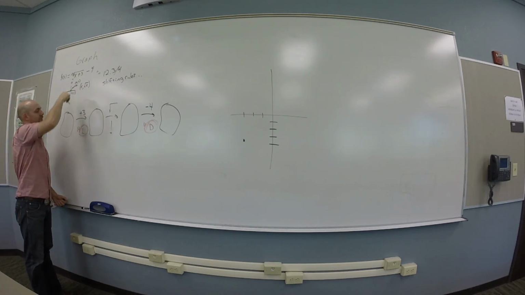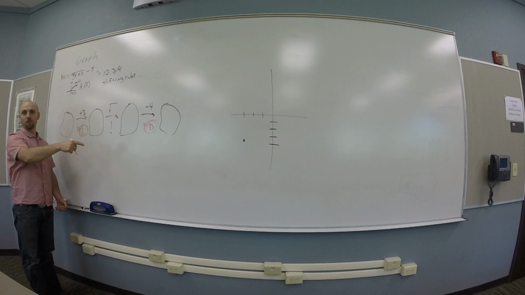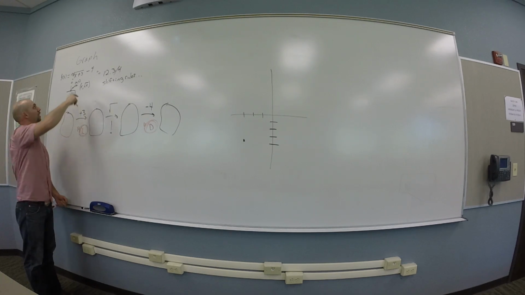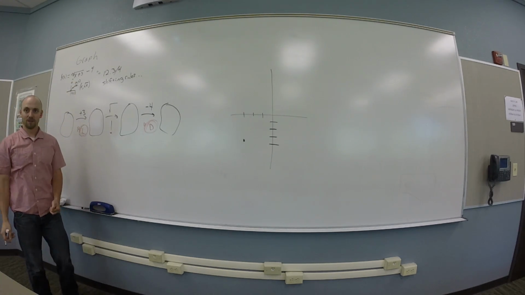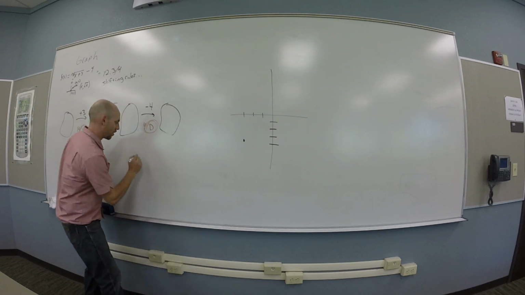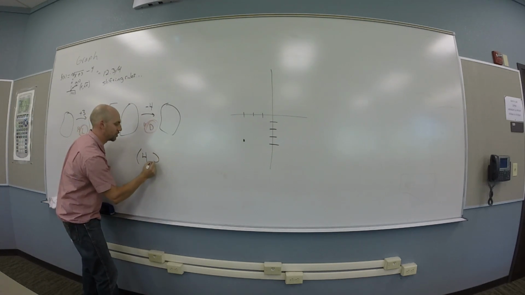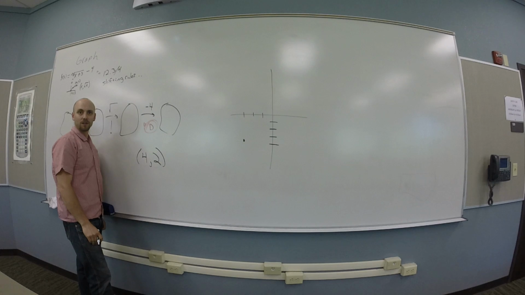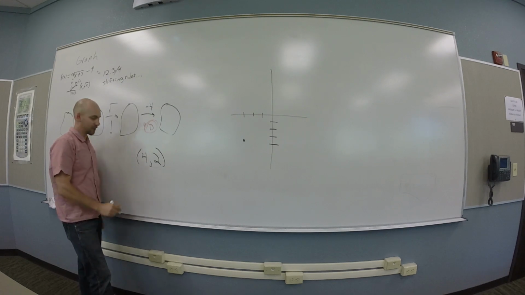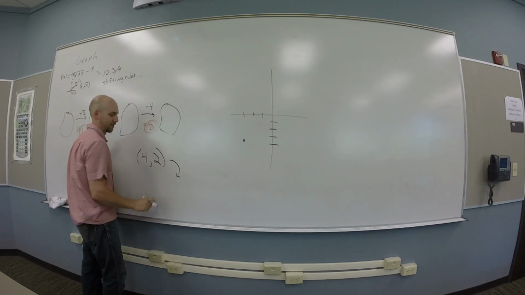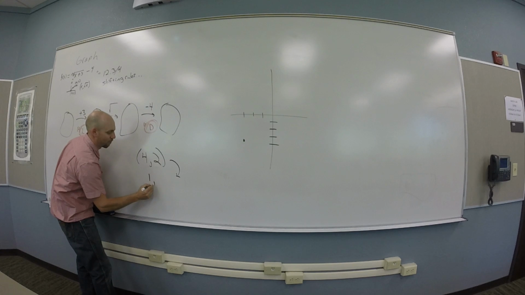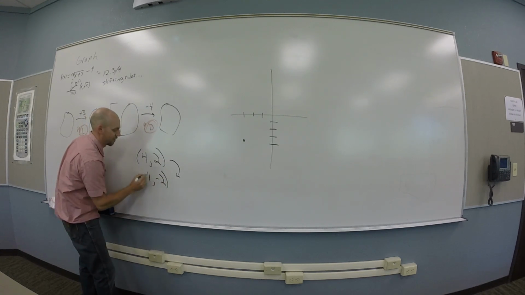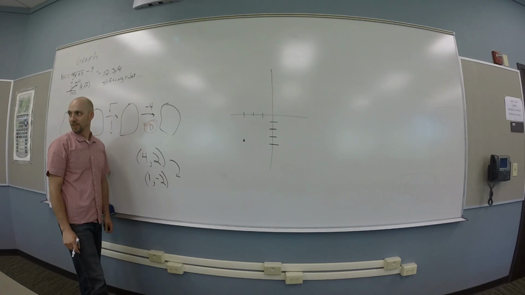But after I move this left 3, down 4, where's 4, 2? So I want to think, 4, 2, left 3, down 4 gets me to 1, -2. You guys see that?